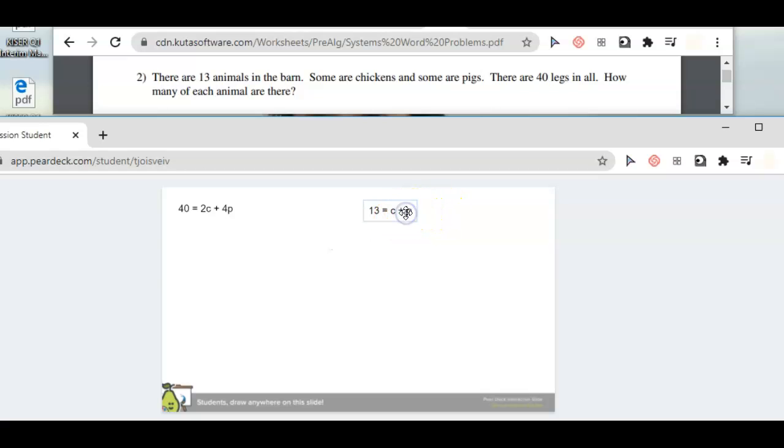So what I would have to do here is take away P from both sides, right? Let me adjust my formatting. I'm going to take away P from both sides.